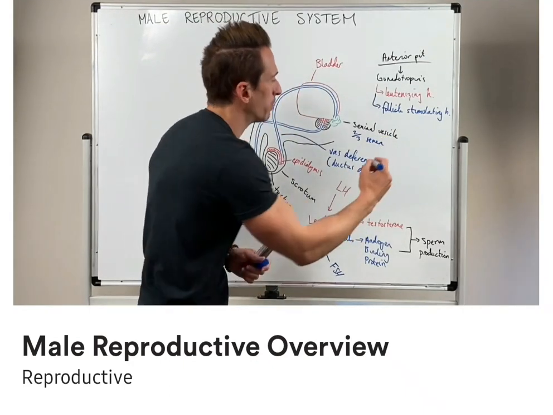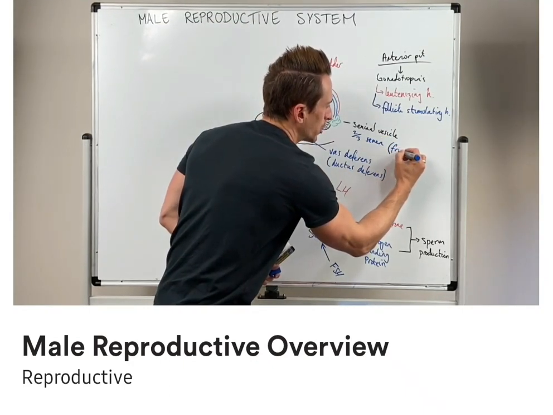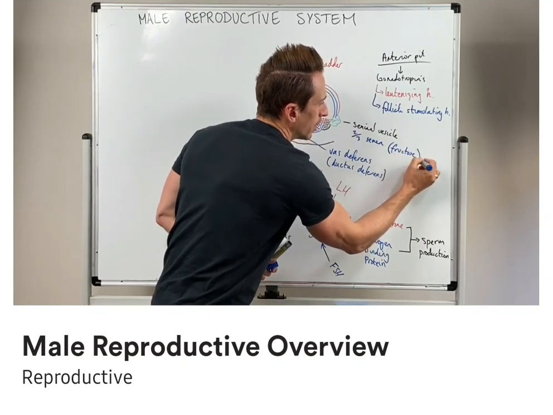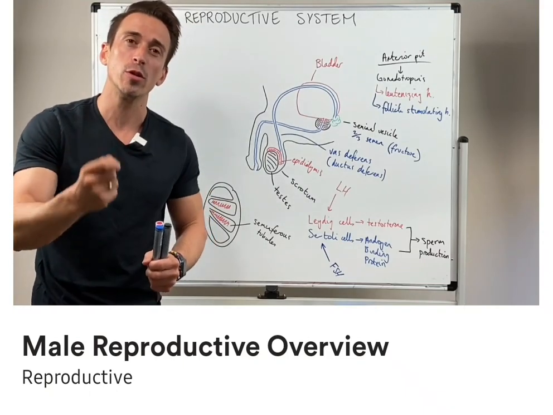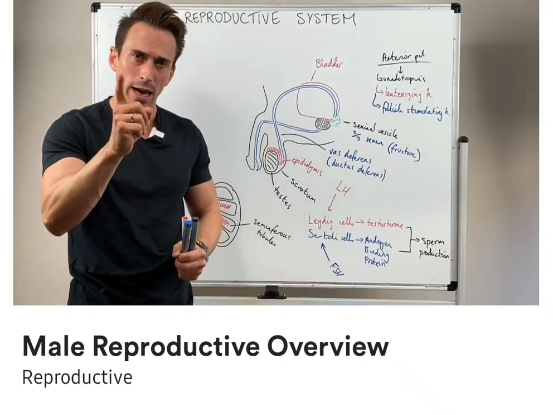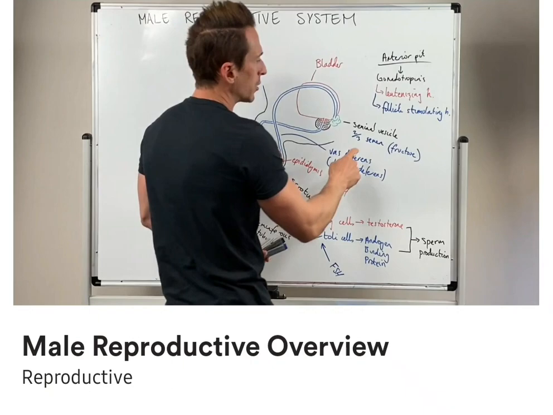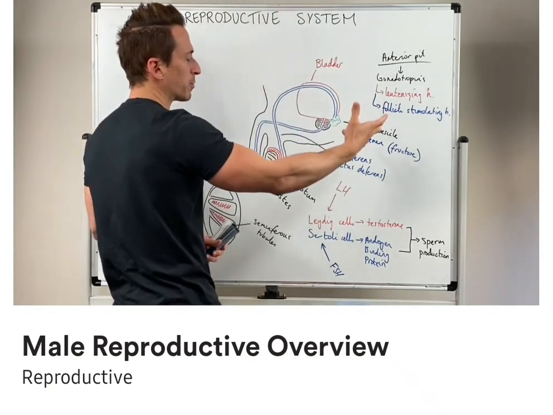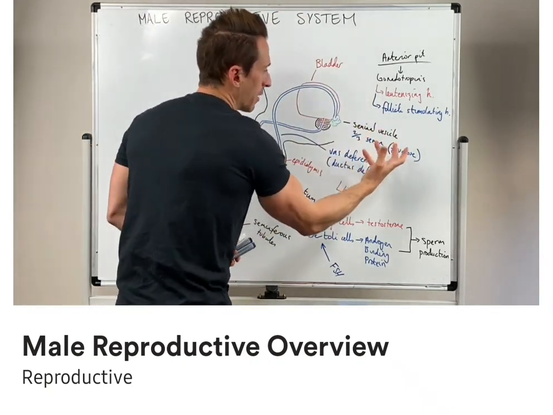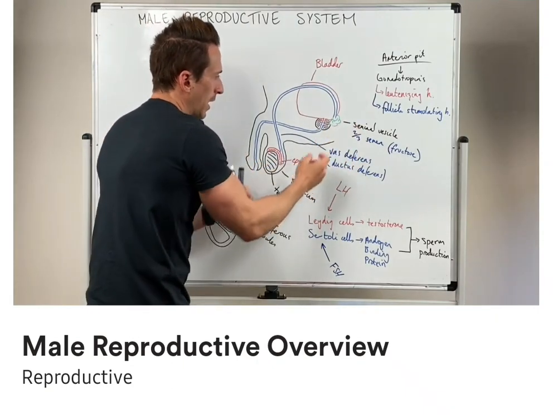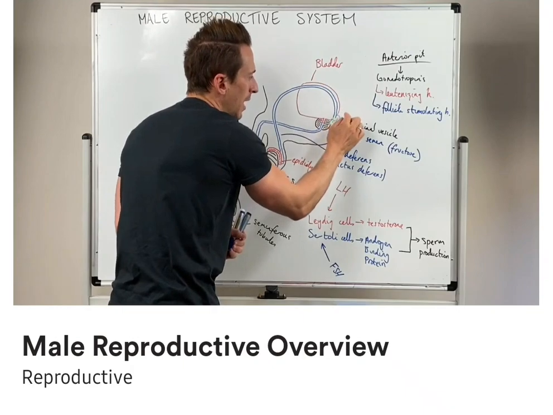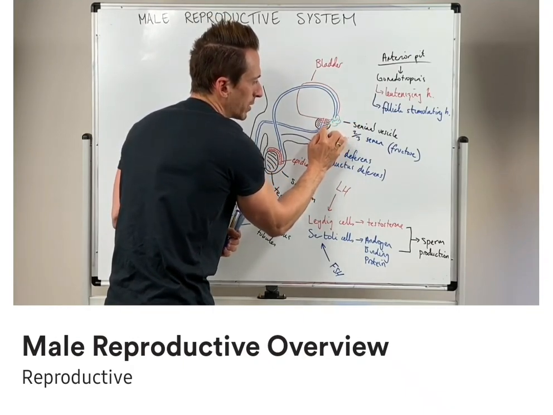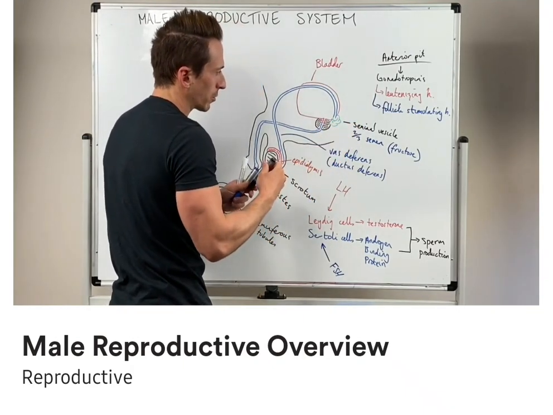And one of its major components is that of fructose, which is an energy source. So, fructose, very similar to glucose, is what sperm uses as its energy source. Eat your fruit, gentlemen. So, seminal vesicles produce this seminal fluid. It mixes with the sperm that's coming from the testes via the ductus deferens, and it enters the ejaculatory duct. The ejaculatory duct right here.